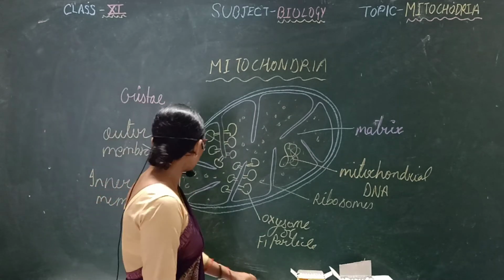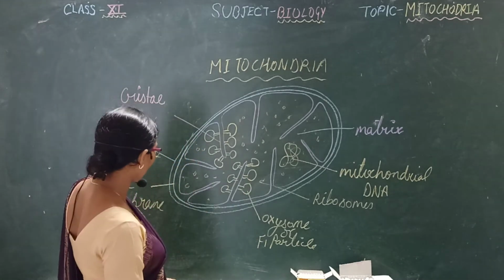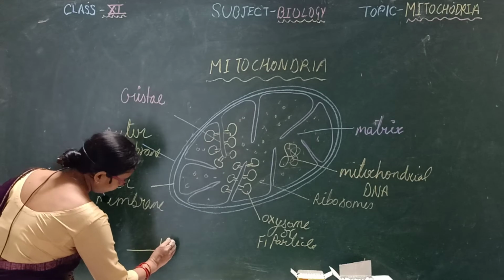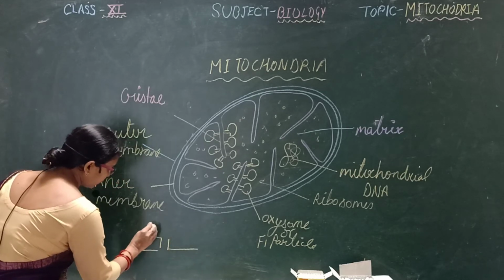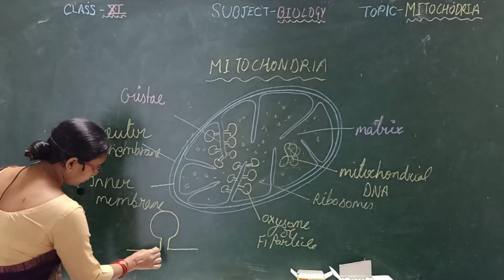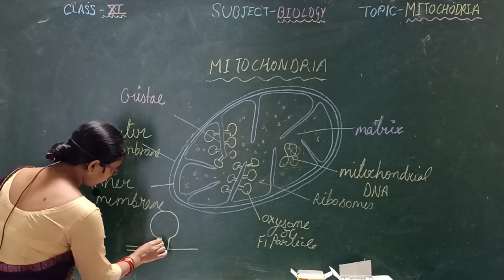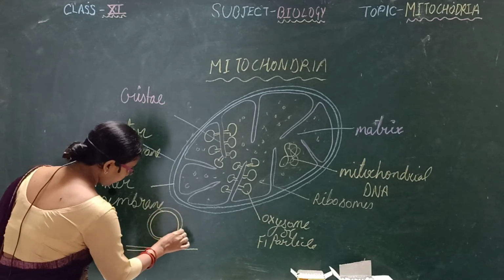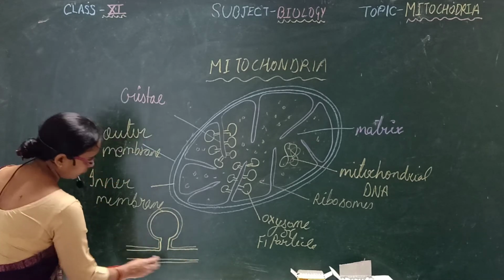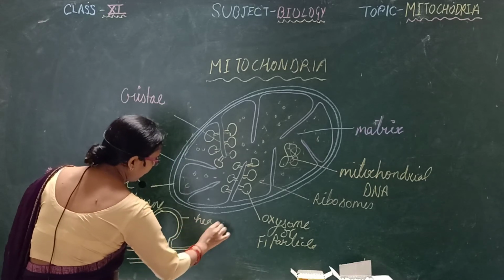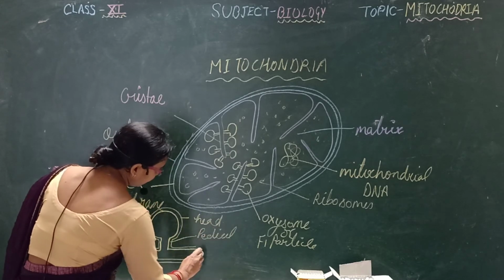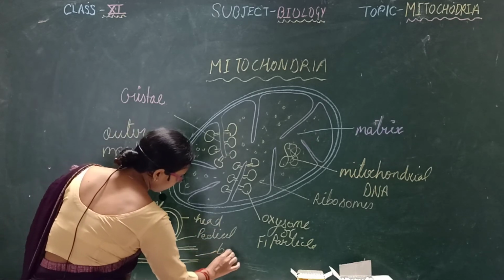Now, let's see a single F1 particle. The upper part is the head, the center part is the pedicel, and the lower part is known as the base.